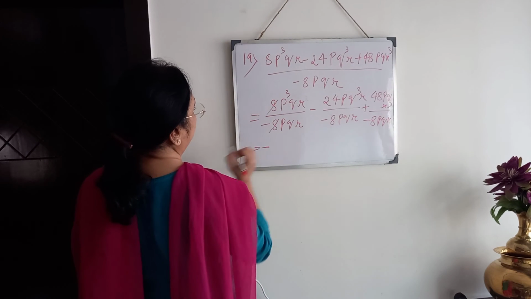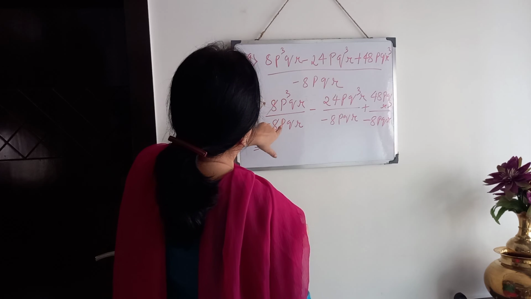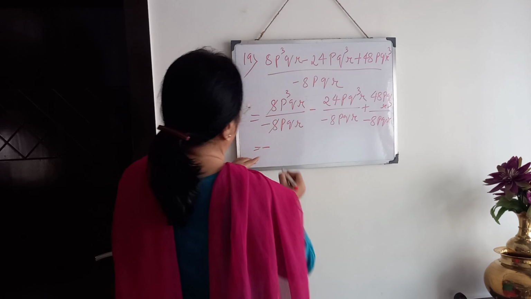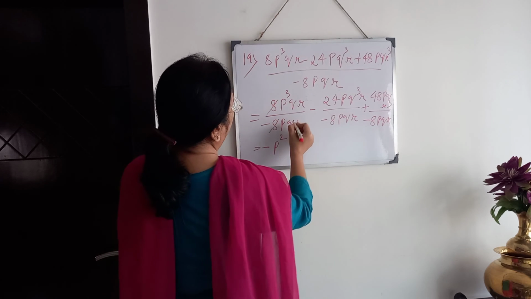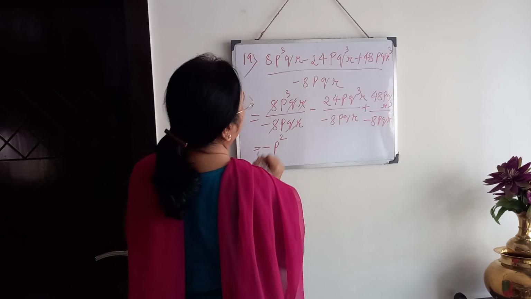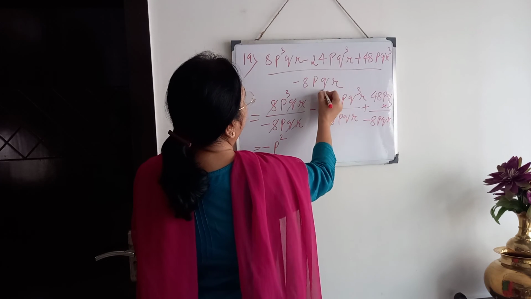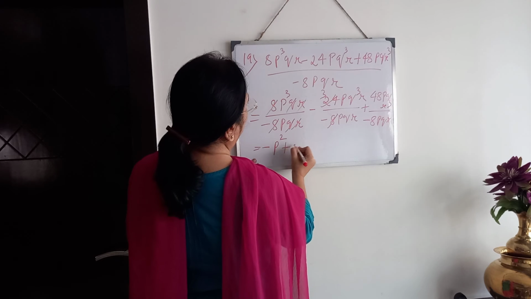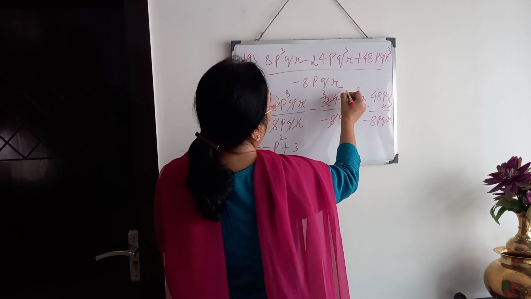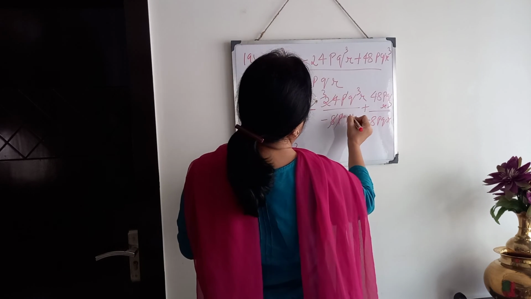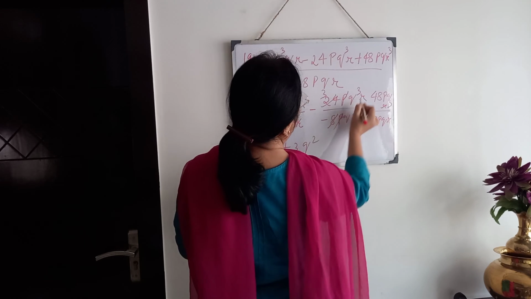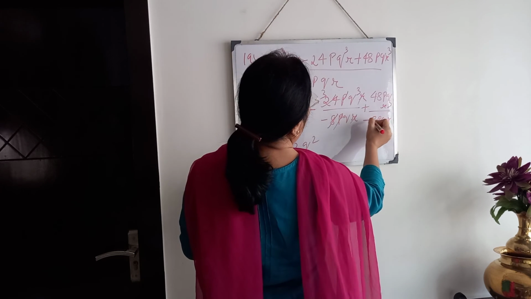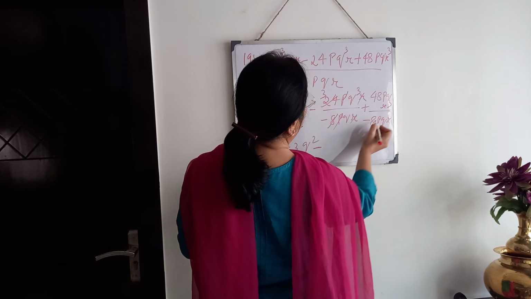Now you see it is cancelling. Plus and minus, and P cube, P. So 3 minus 1, it will be P square. Q, Q cancel out. Okay. Then we choose minus minus plus 3. P cancels, 3 minus 1 means Q square. R cancel out. Now plus minus minus.